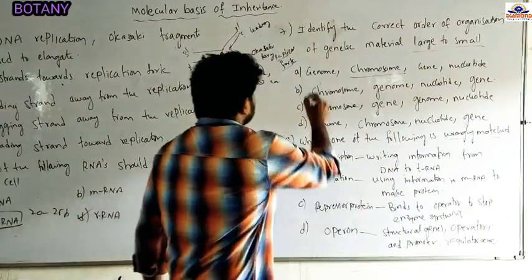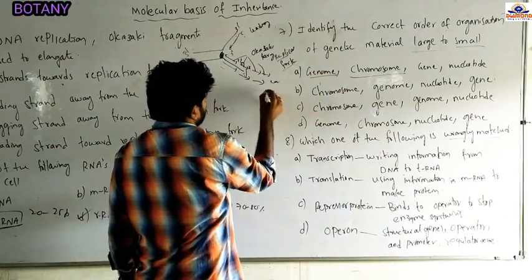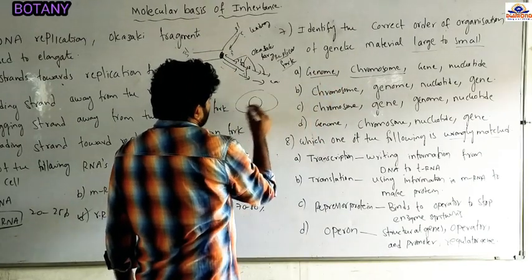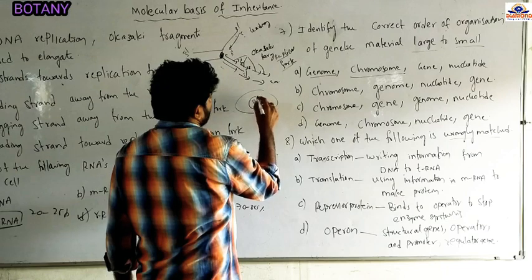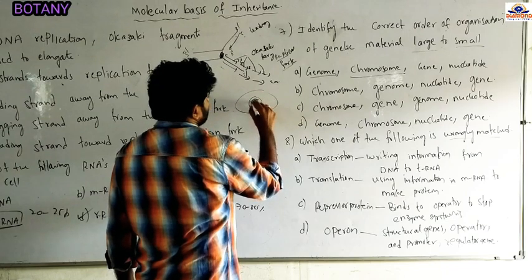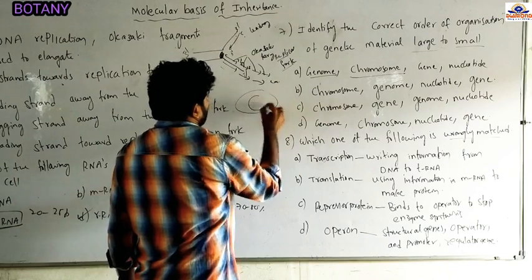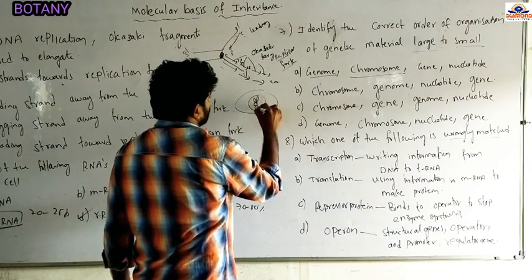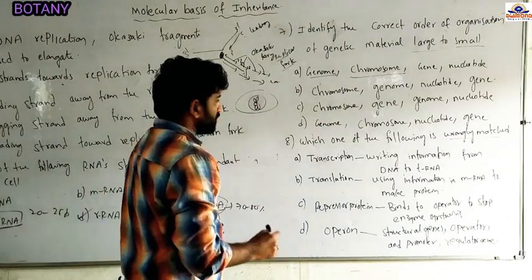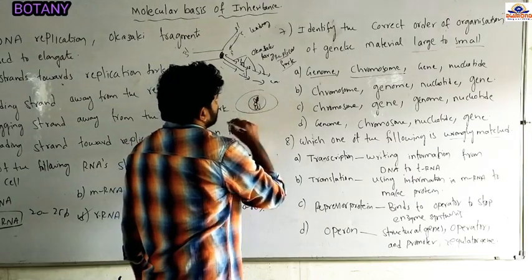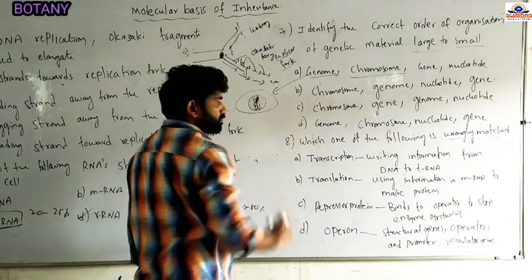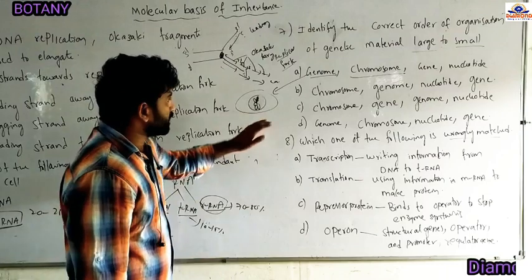So here the genome, in a cell, what is the amount of genetic material present in the DNA? In eukaryotes, that DNA will be packed in the form of chromosomes. So the entire genome represents the haploid chromosome number of the organism.